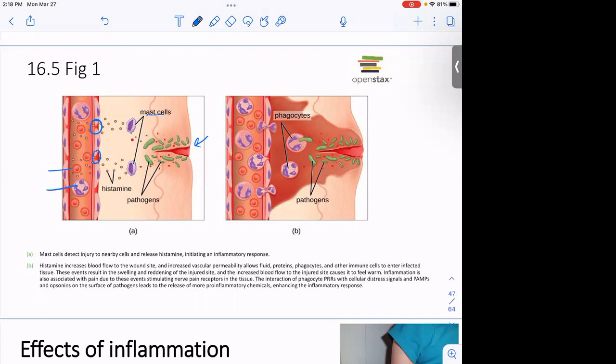Okay, so this process is called extravasation, let me make sure that I write this correctly. Okay, that's the process by which the cells move out of the blood, out of the capillaries, into the tissues.